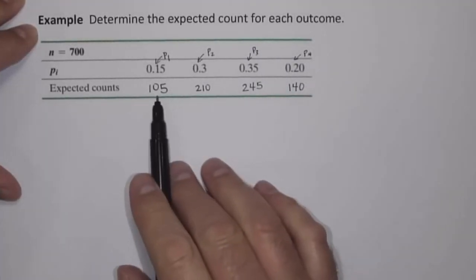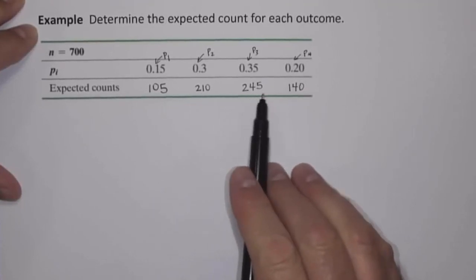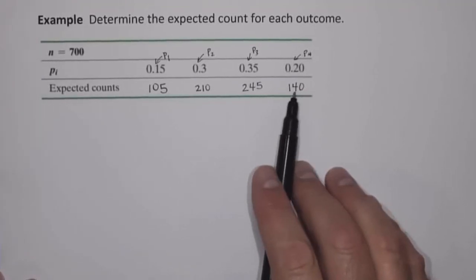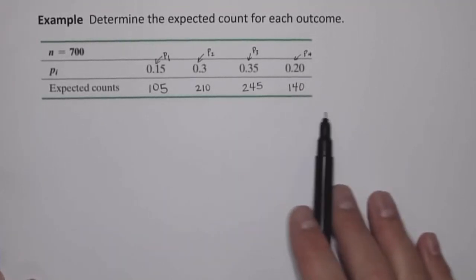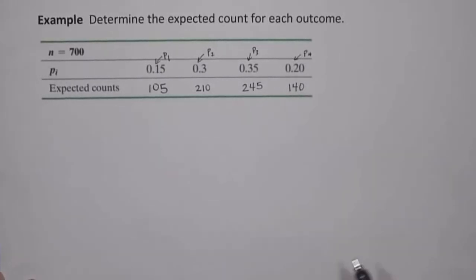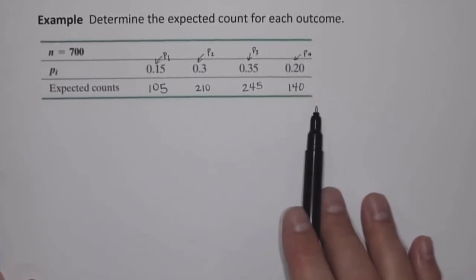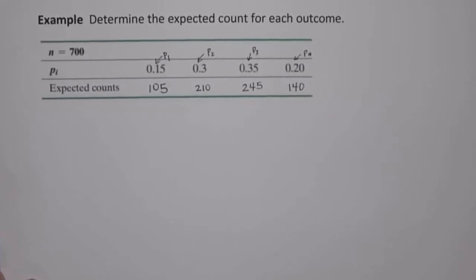So this is E sub 1, E sub 2, E sub 3, and E sub 4 as far as our notation goes. So again, what we would then do is compare data to what's expected to see if this confirms that our data is following what's expected, or is our data different from what's expected.